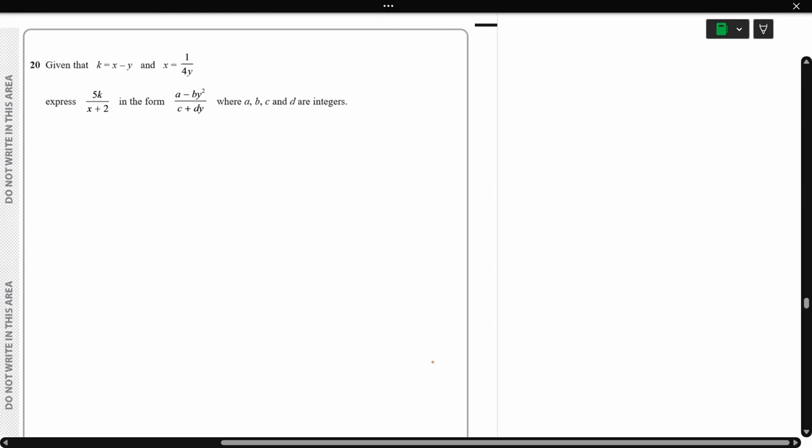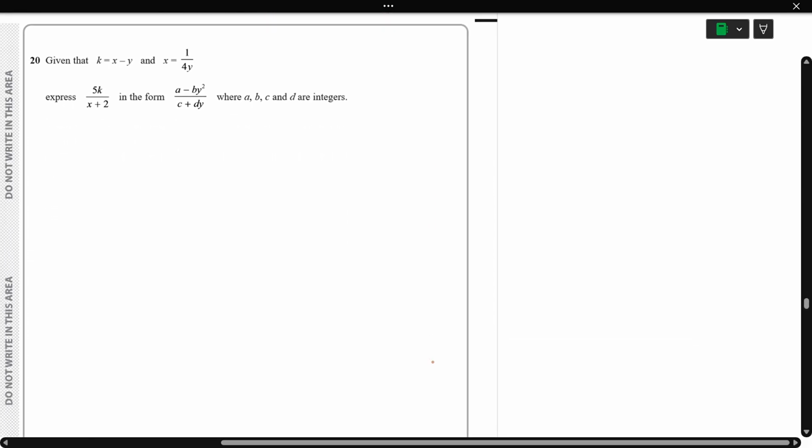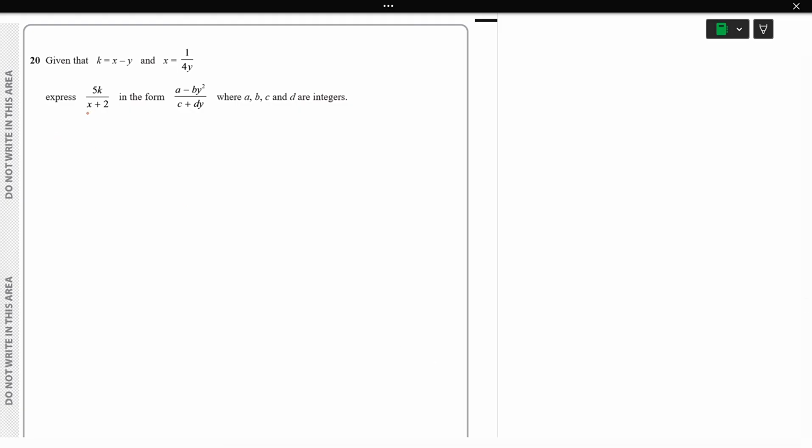Next question number 20, given that k equal to x minus y and x equal to 1 by 4y. So express 5k over x plus 2 in terms of y. Here there is no x, everything in terms of y. So 5k over x plus 2.